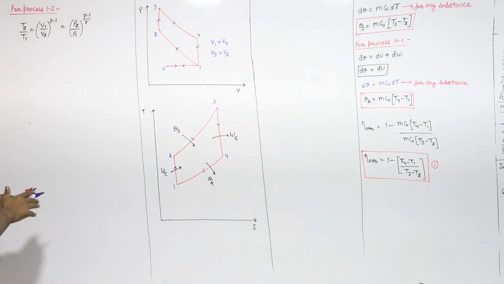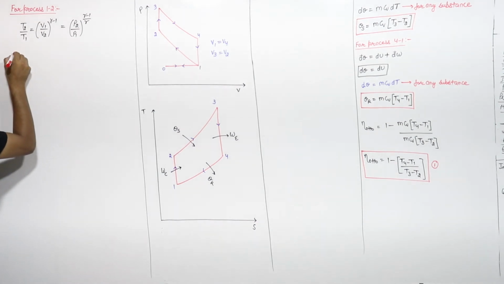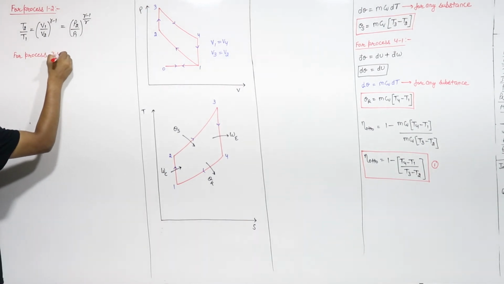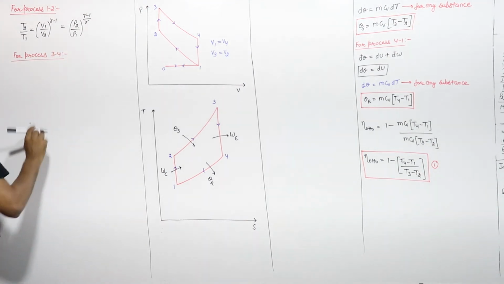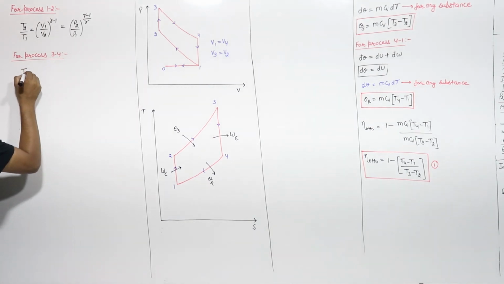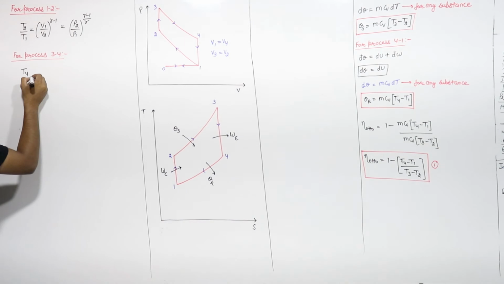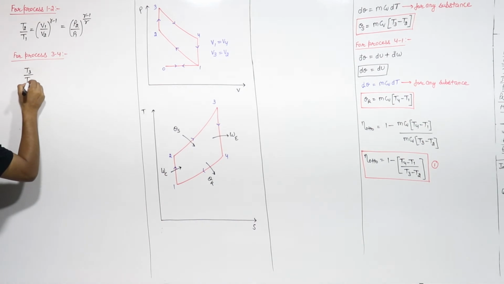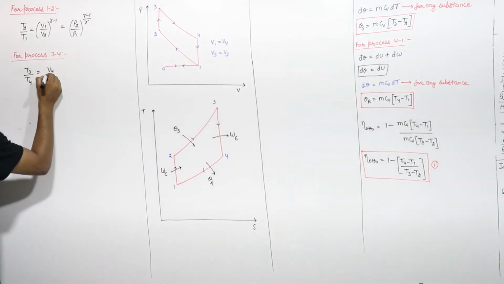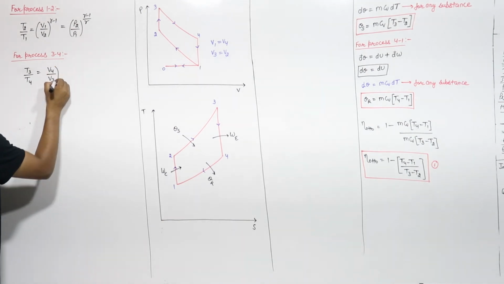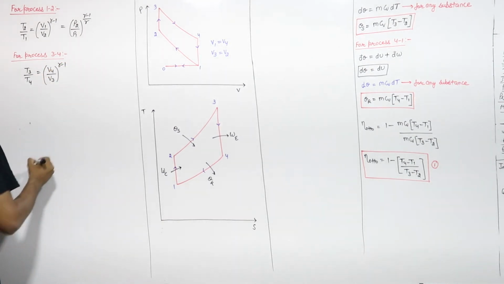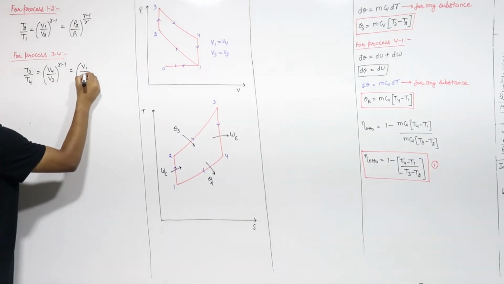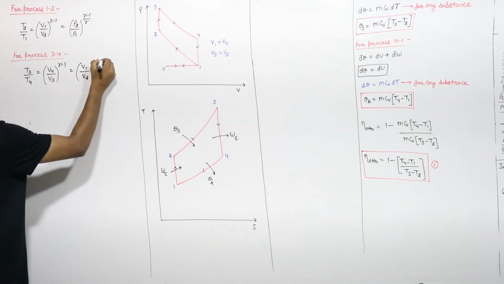We know this, right? So for the process 3 to 4, we can write T3 by T4 will be equal to (V4 by V3) raised to power gamma minus 1, and since V4 is equal to V1 and V3 is equal to V2, this is (V1 by V2) raised to power gamma minus 1.